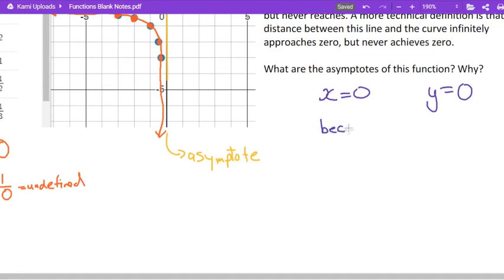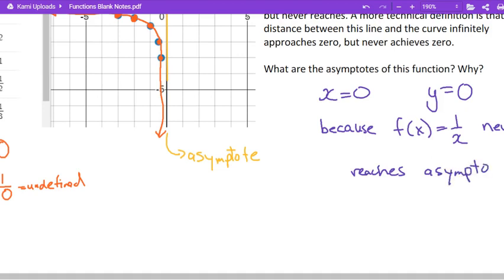Because the function f of x equals 1 over x never reaches those lines. Asymptotes. Learn the spelling of this new word, asymptote.